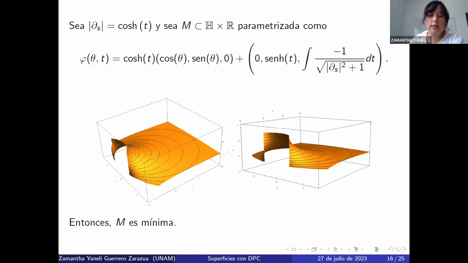This is the solution when we try to obtain that N is minimal. So this is actually going to be more explicit further on, but this is an example of what that would look like.